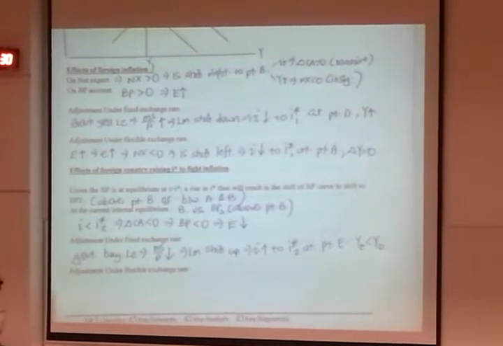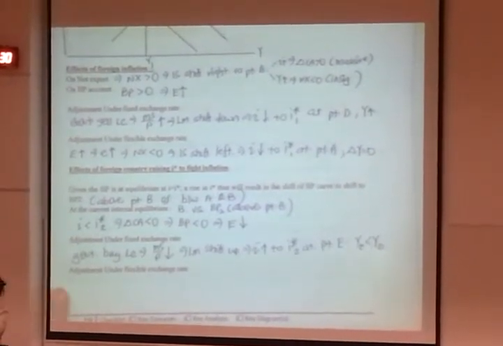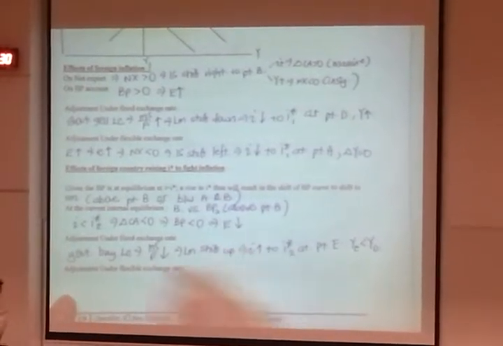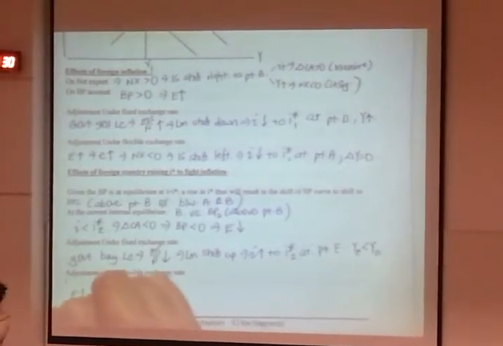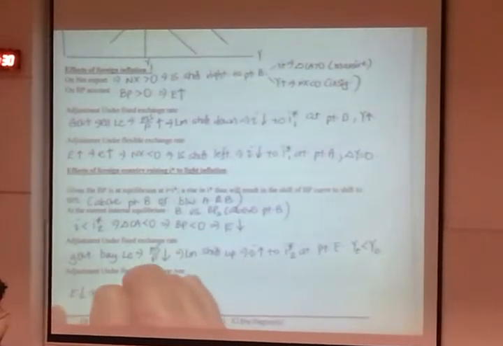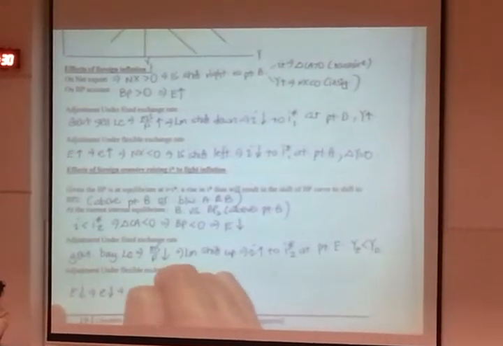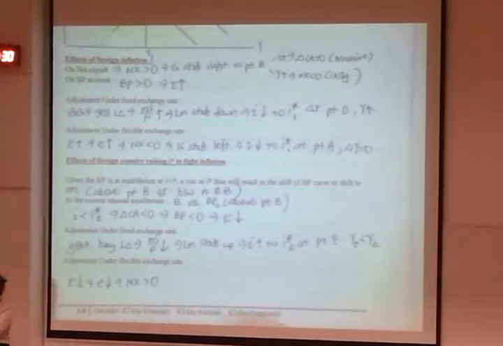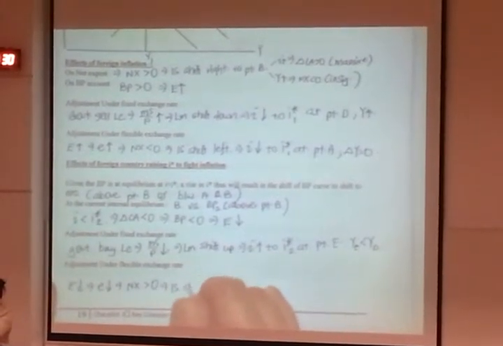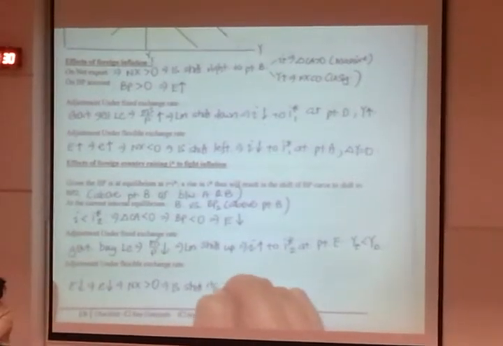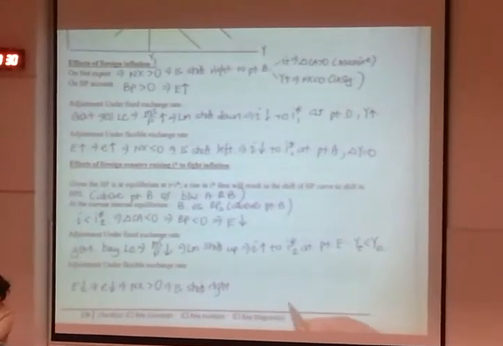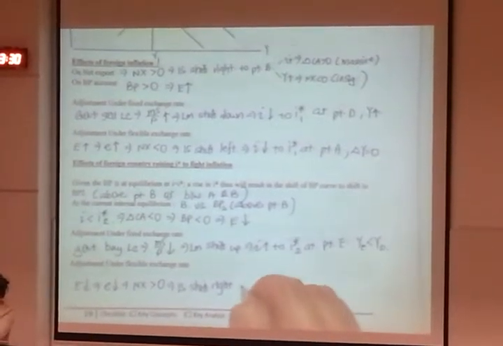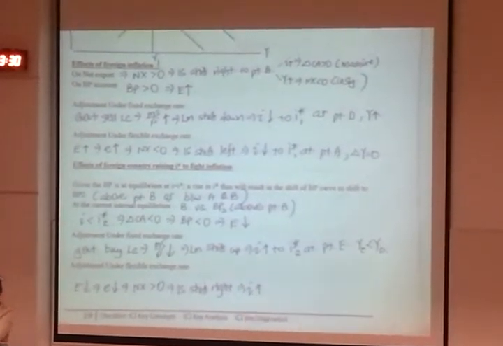Okay, then finally, we are doing flexible exchange rate. Double check, your E went down, your real exchange rate goes down, NX is now positive. And your IS will now have to shift right. You are at point B, put your pen at B and shift IS, and you will recognize that interest rate will also pick up.